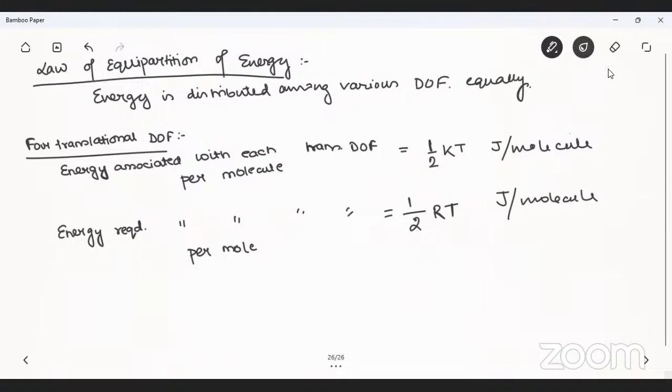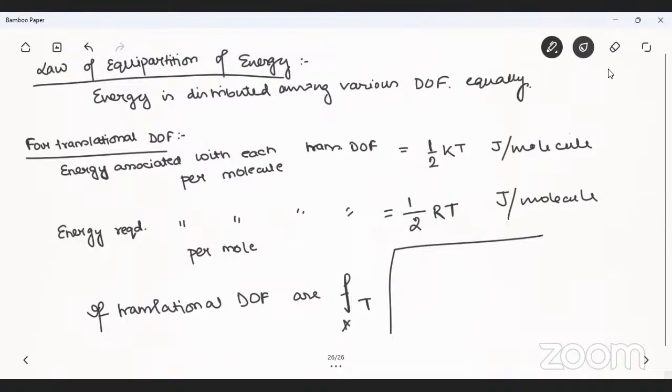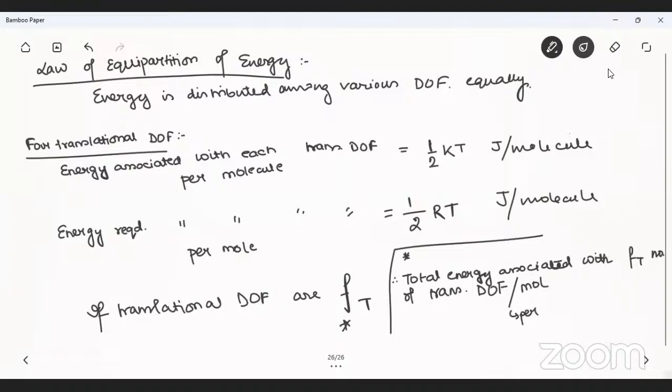Now if translational DOF are represented as FT always, then the total energy associated with FT number of translational DOF per mole, what will be the formula?